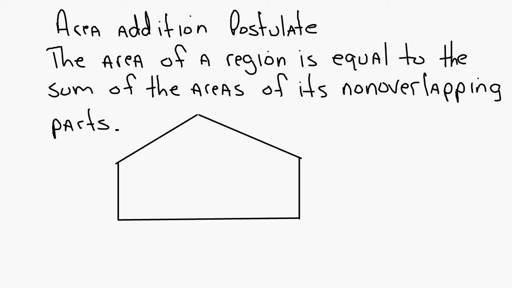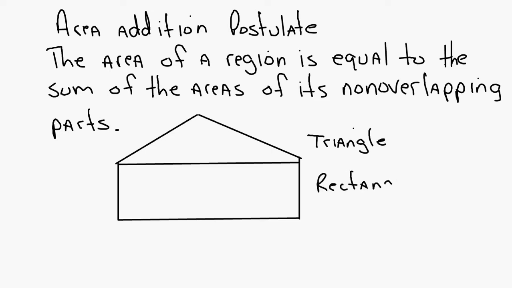So in this case, there's not a formula for the area of this shape. But what you could do is split it up into a triangle on the top, right? And a rectangle on the bottom. And you could find the area of the triangle and the area of the rectangle, and then you could add them together.